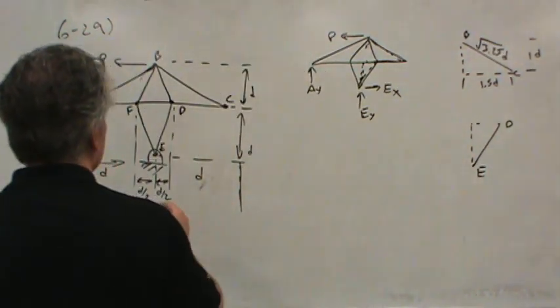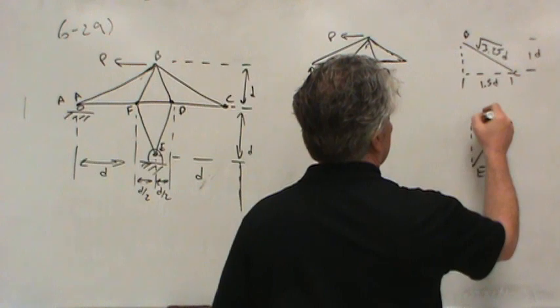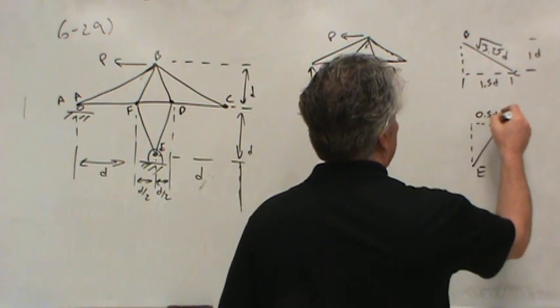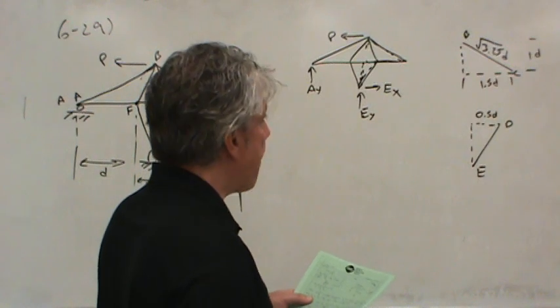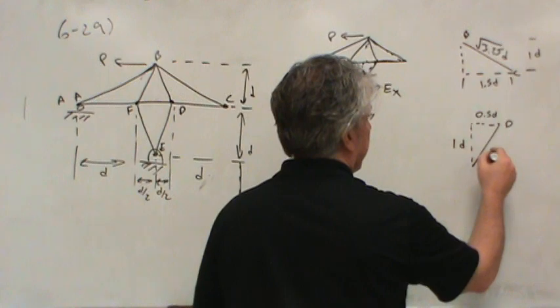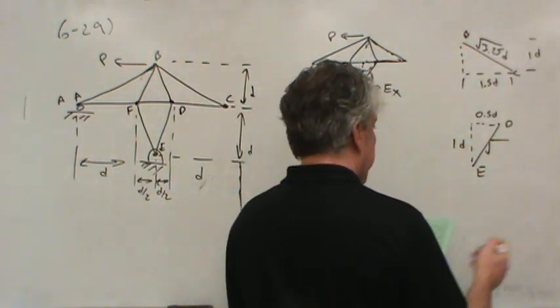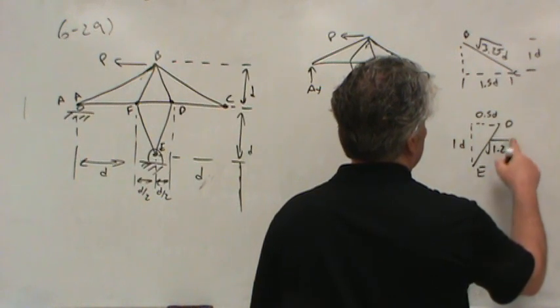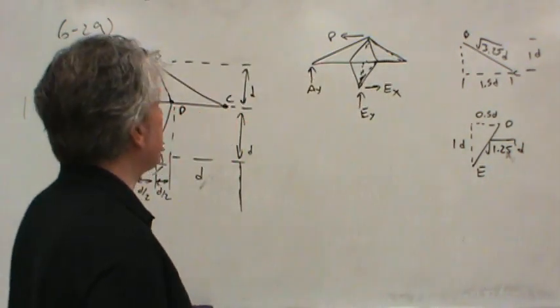We know that the base of this triangle is 0.5 D, or half of D. And we know that the height is just 1D. So could we figure out the dimensions here? Sure, 0.5 squared plus 1 squared, so 1.25 of D. So there's the geometry we need.